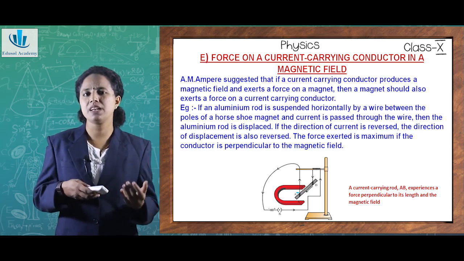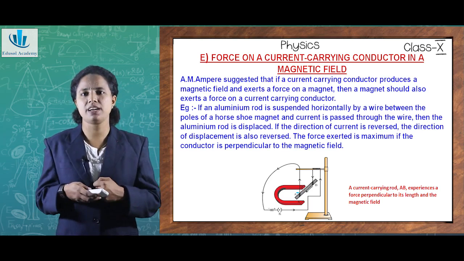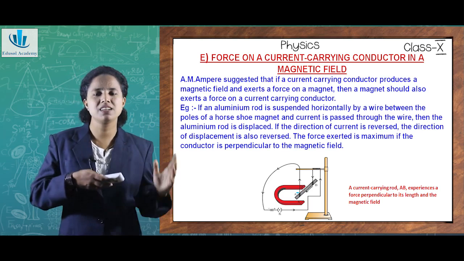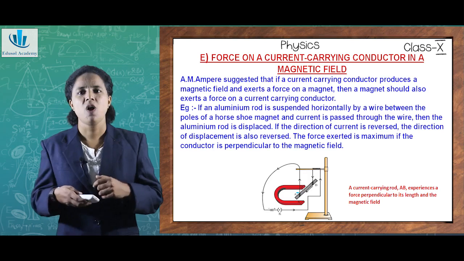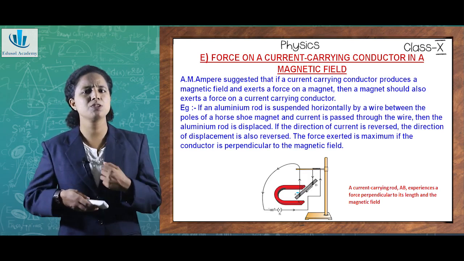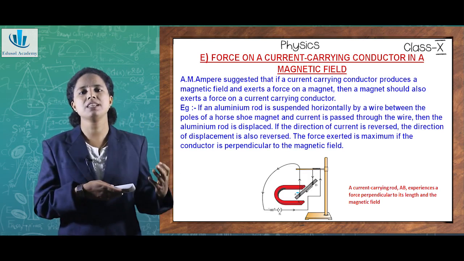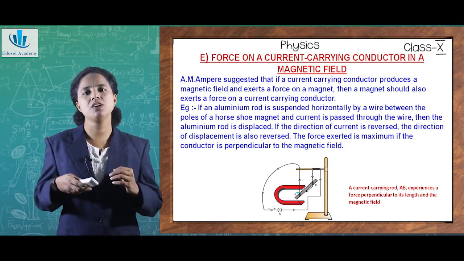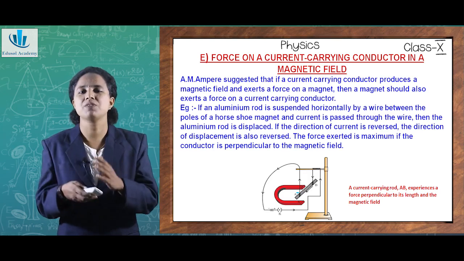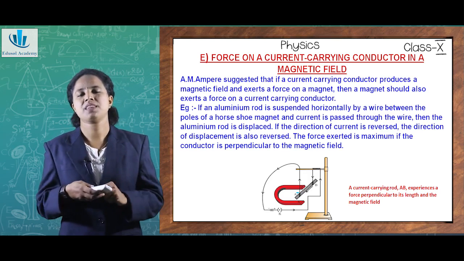And what will happen if I reverse the direction of current? Will there be a difference in the direction of the displacement of the aluminum rod also? You can see that the direction of the displacement of the aluminum rod also reverses if we reverse the direction of the current.